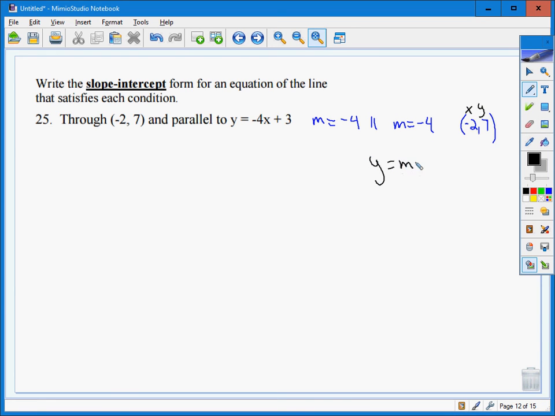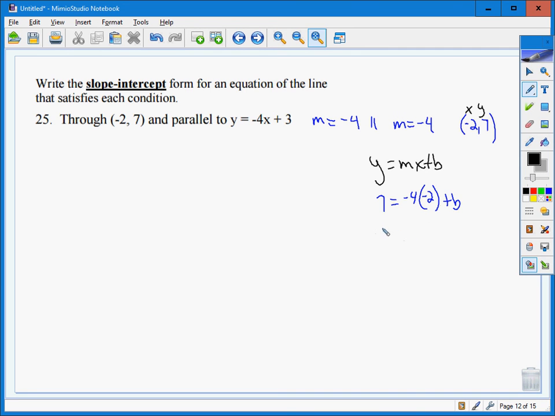So if I'm using y equals mx plus b, I can now replace y with 7, I can replace m with -4, and I can replace x with -2, and I can use this information to find b, so I can write my equation.